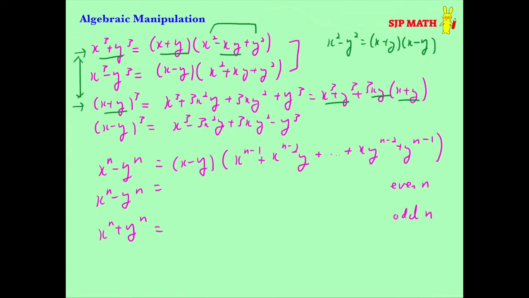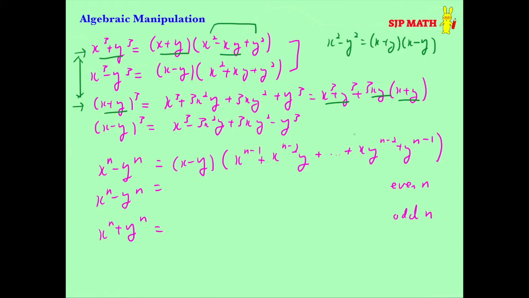The degree of this polynomial here is n minus 1, and it's kind of like the binomial expansion, except that the coefficients are all 1, and the degree is n minus 1 instead of n.